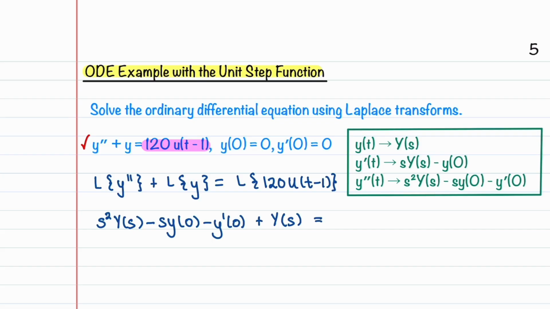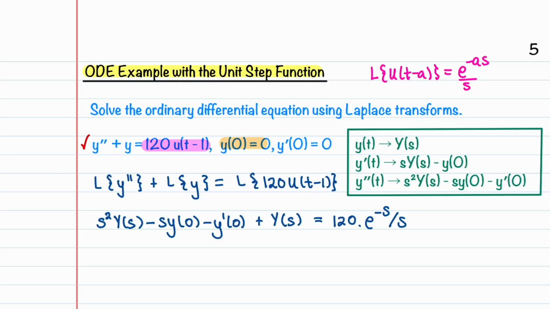And then on the right, we can pull out the 120 and the Laplace transform of a unit step function. Let's go up here to the top. The Laplace transform of a unit step function u of t minus a is equal to e to the minus as over s. And our a is equal to 1, so this is e to the minus s divided by s.